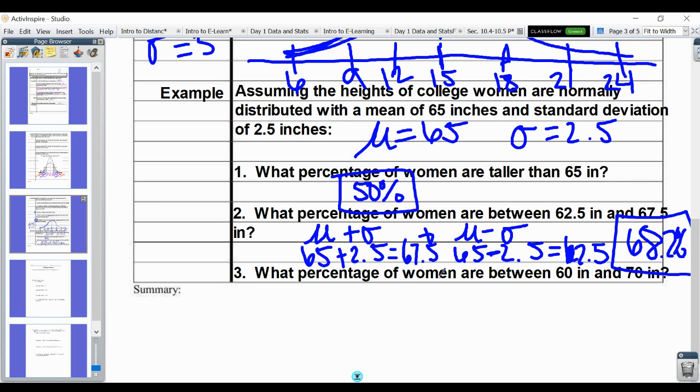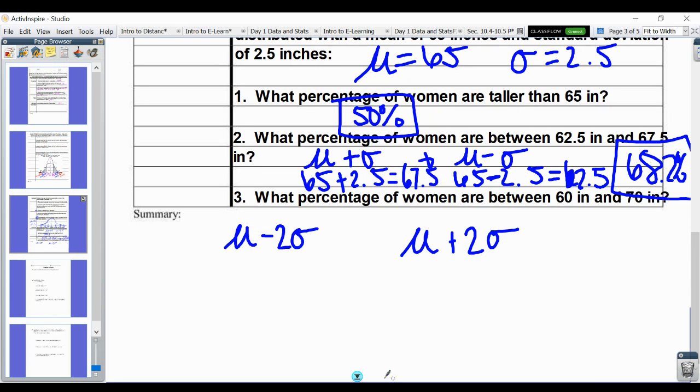And then what percentage of women are between 60 inches and 70 inches? Okay, so we already did mu plus sigma and mu minus sigma. Let's try now. What is mu minus 2 sigma? And then mu plus 2 sigma. Mu is still 65.